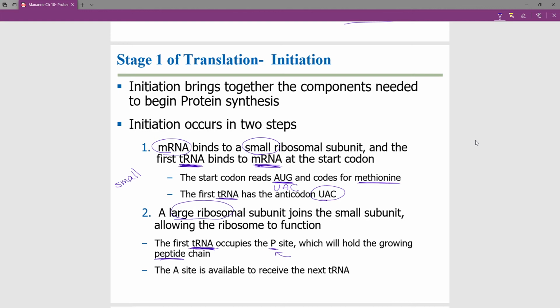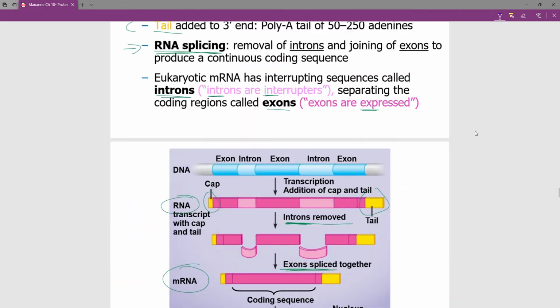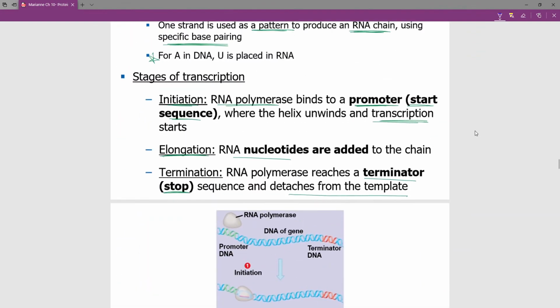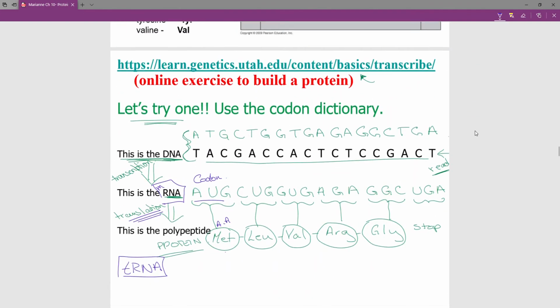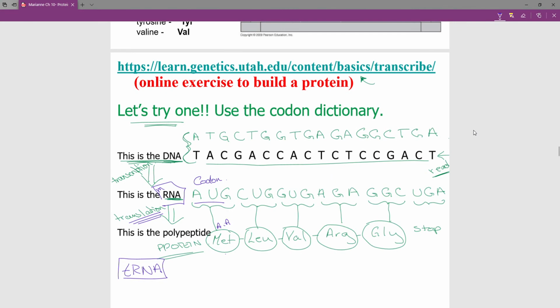Okay, so let's come back to this. Let's go back to that slide where you were filling out the components of transcription. So if this is where we're at and we're filling in more information about the process of translation, here we have the messenger RNA codons. The first codon, the start codon, is AUG.